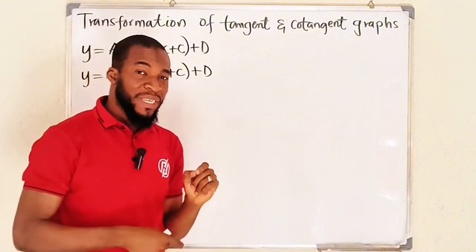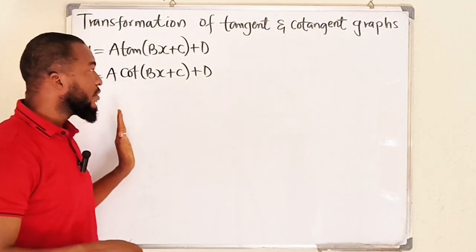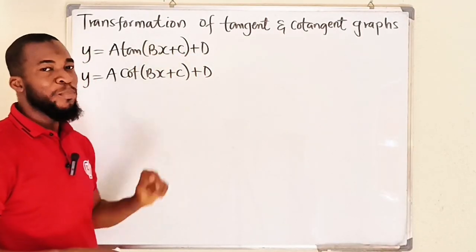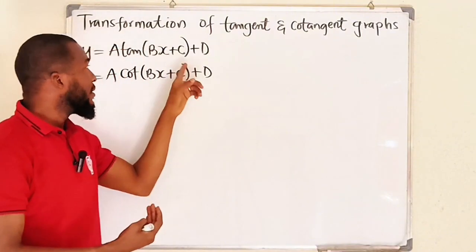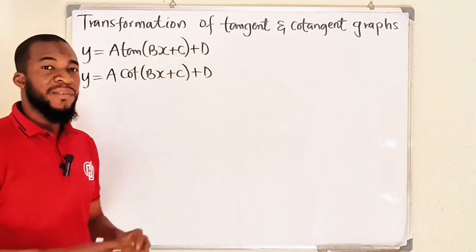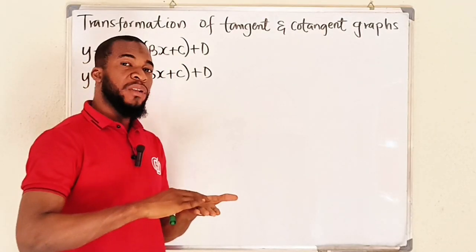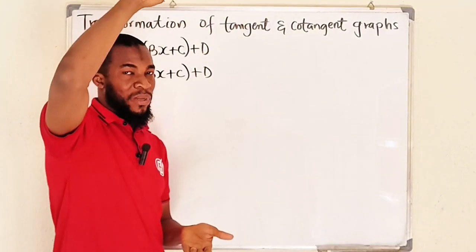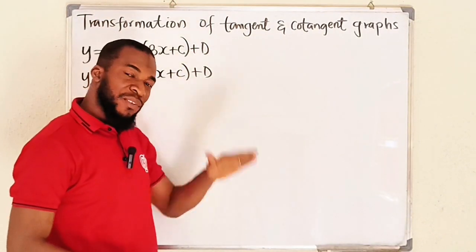If the value you obtain is negative, then you shift the graph to the right, c over b units. If it is positive, then you shift the graph c over b units to the left. Then d here: if d is positive, every single point will be shifted d units up, that is vertically. But if it is negative, you shift it down.